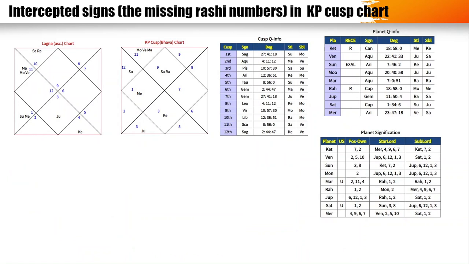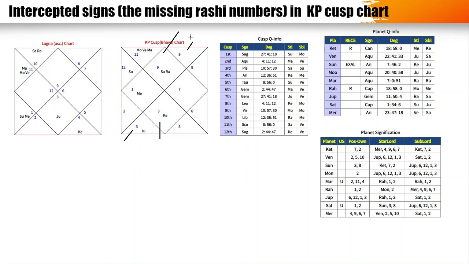Now let's look at these charts where you find the intercepted sign. You see Gemini appears over here, Gemini appears over here, Sagittarius appears over here, and then Sagittarius also appears over here. So what is missing over here? Cancer is missing and Capricorn is missing. These are called the intercepted signs.